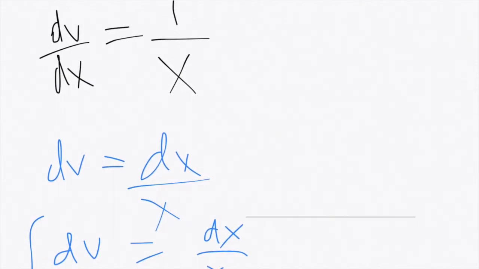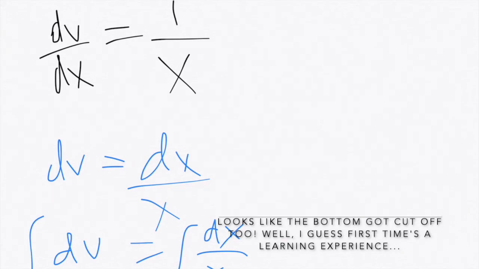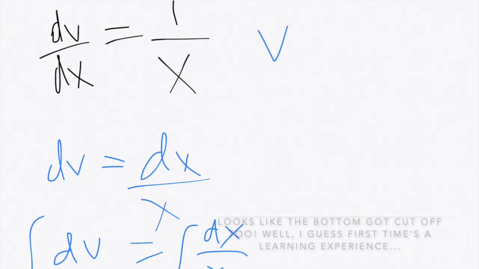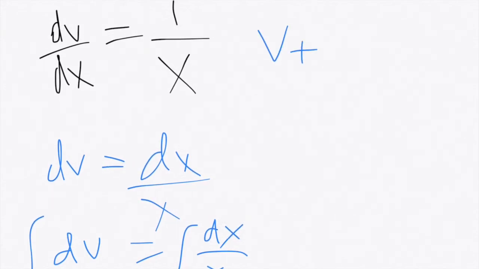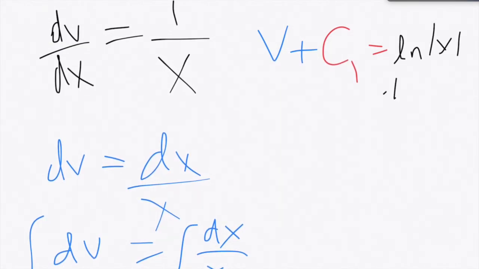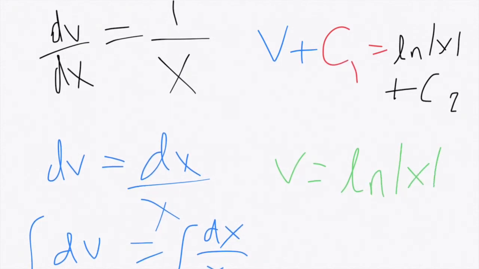Right? And so we know the integral of the left-hand side is just v plus a constant c1. And the integral of the right-hand side is just ln of the absolute value of x, plus another constant c2, and we're going to call that combined constant c. So our equation is v is equal to ln of x plus some constant c.